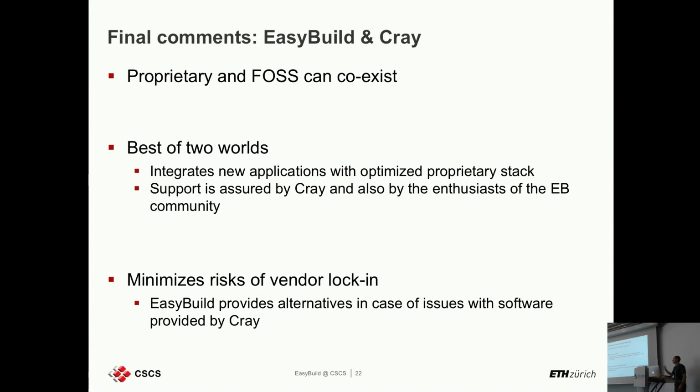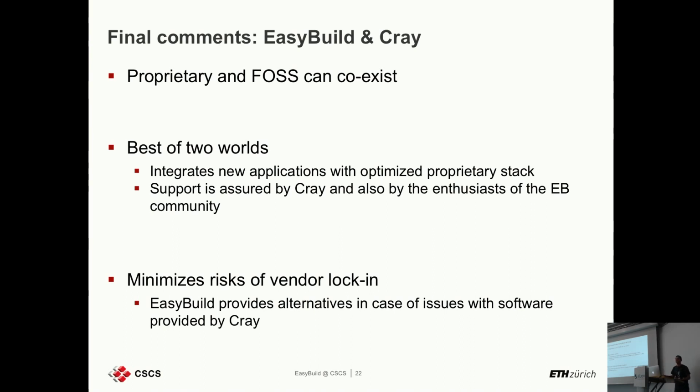Okay, so this comes from the talk at FOSDEM. So it was just a final word about the current implementation, meaning that proprietary software and open source can coexist, in the sense that we do want to use the proprietary stack from Cray whenever it's an advantage for us, but we don't want to be stuck with that.